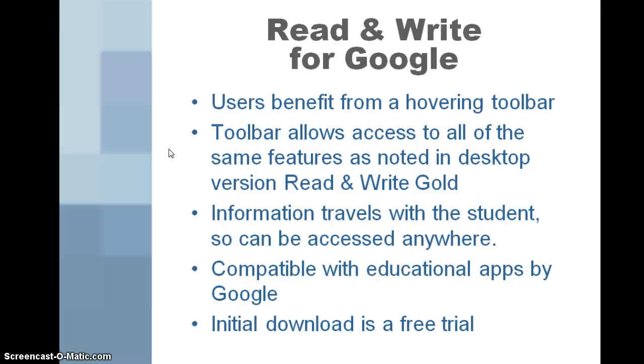And then they offer the initial download to use this product for free, and I think it's a free 30-day trial, but I couldn't find anywhere where it would specifically talk about how much the Google version on the Chrome store would cost. So that was the only downer that I found in the Read and Write for Google.